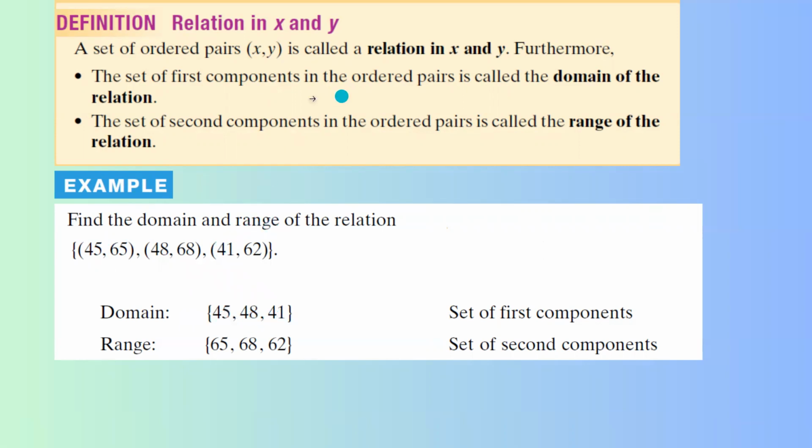To form the range, following the definition, it is the set of all second components, or y values: 65, 68, and 62. These are all the members of the range.